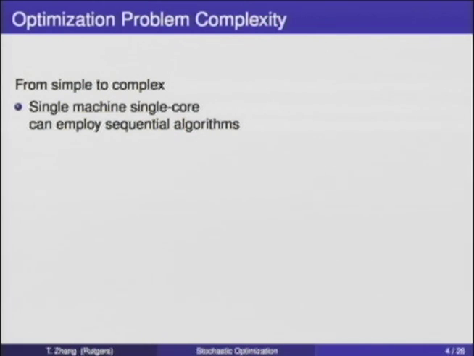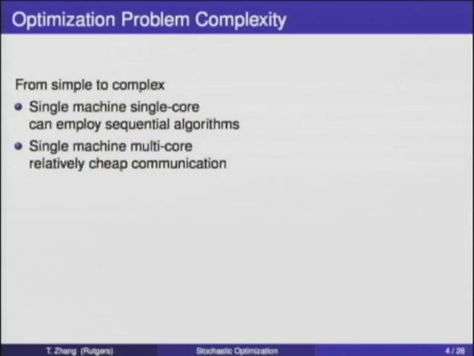The simplest form is a single machine, single core, which is what we will look at first. In this scenario, we can use some kind of sequential algorithm, like SGD and so on, or stochastic modifications of SGD. This can be implemented efficiently on a single core, single machine.